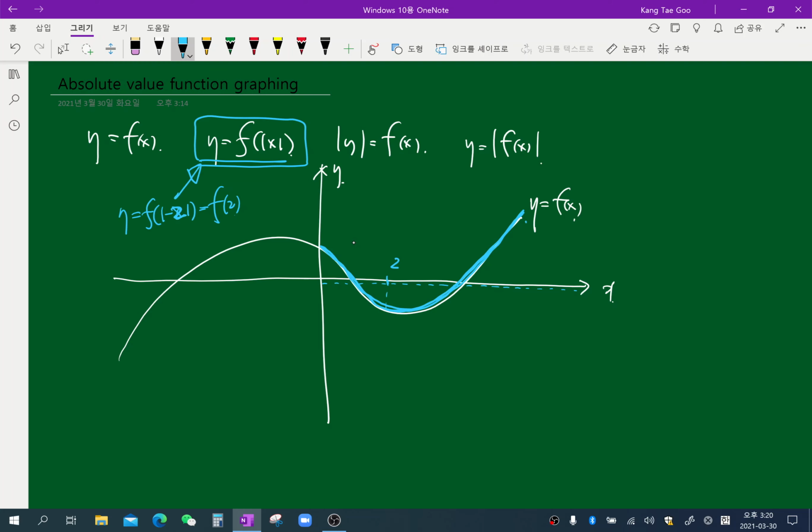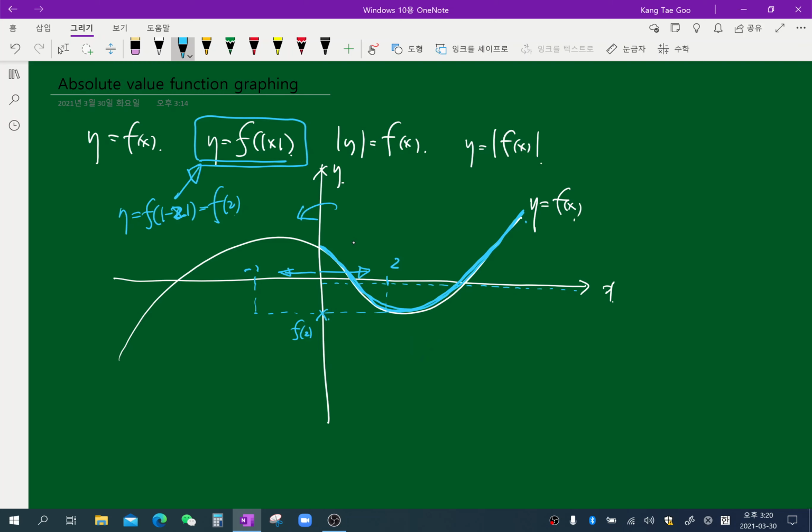Even though x is minus 2, the y value must be the same as f(2). This is f(2), right? f(3), f(4), everything on the right-hand side will be exactly the same. As x goes this way, on the opposite side the graph goes this way. The shapes of the two graphs must be symmetrical about the y-axis, correct?